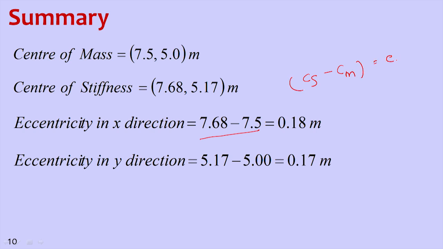In the x direction or the y direction, either can be found. So 7.68 and 7.5 result in 0.18, and 5.17 and 5 give the eccentricity in the y direction as 0.17.